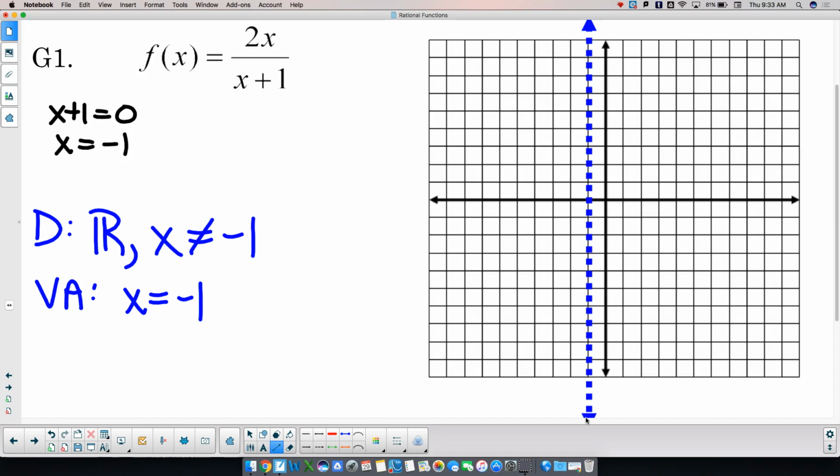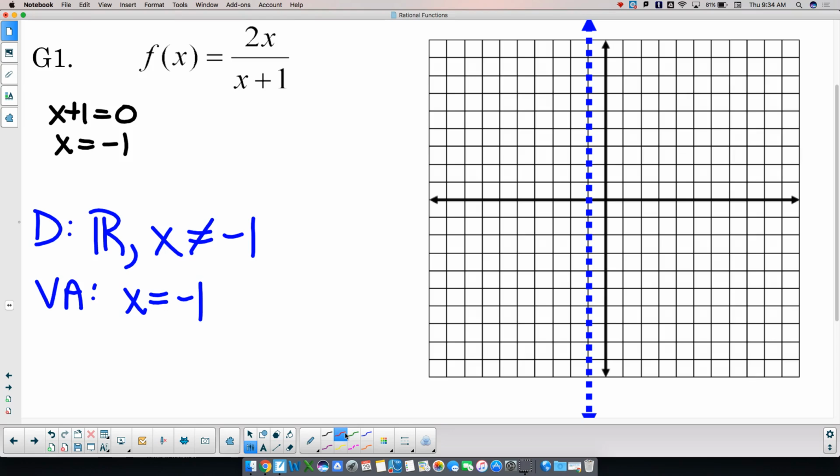Step number 2. What was step number 2? Compare the degrees, right? For my HA. Degree of the top, 1. Degree of the bottom, 1. Those are the same, correct? So that means I go with coefficients.